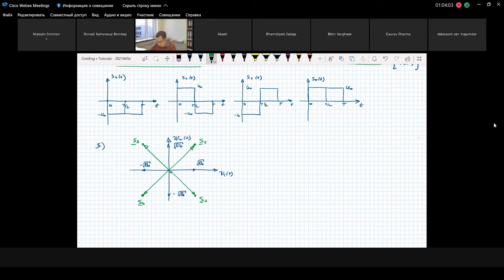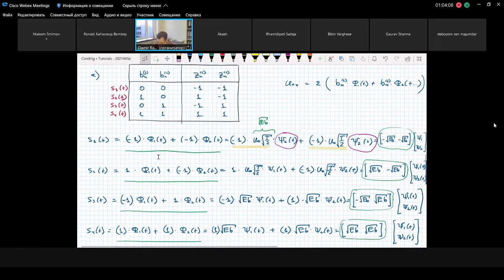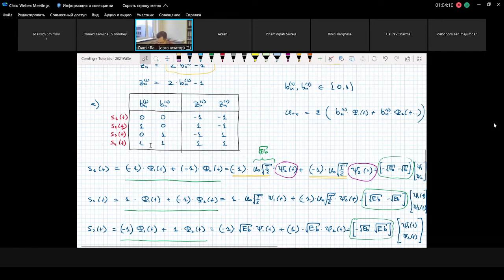And by the way, it's not unique. It depends on how you have chosen the sequence of bits, because you could choose a different sequence of bits for S1 or S2 or S3 or S4. It's possible. But once you define what S1 is, then you must be consistent and use the same sequence of bits through all your solution.